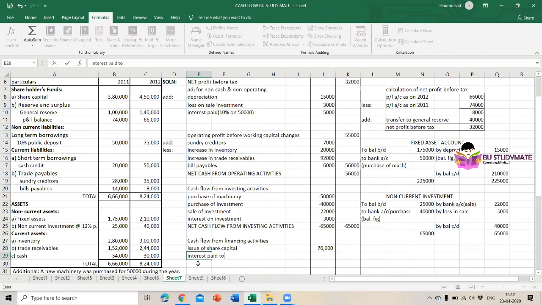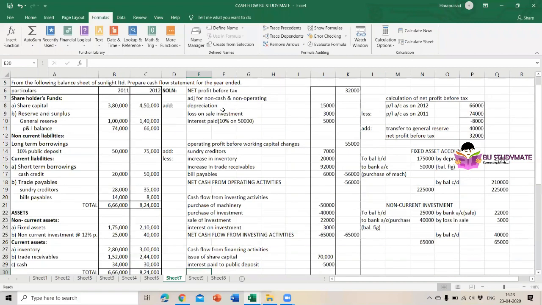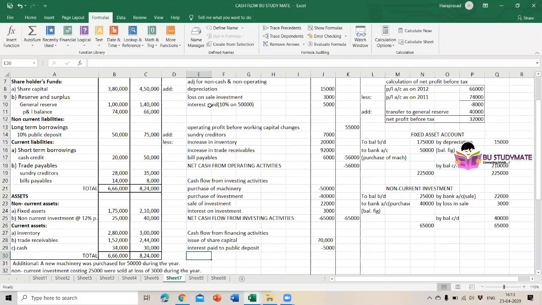In this interest item, we have to write it two times, because interest is a non-current, non-operating item. So we write it here, and in the cash flow we have to write down the interest we have paid.